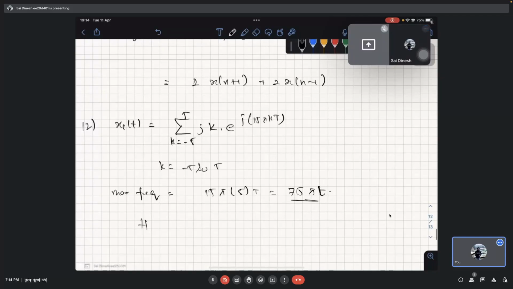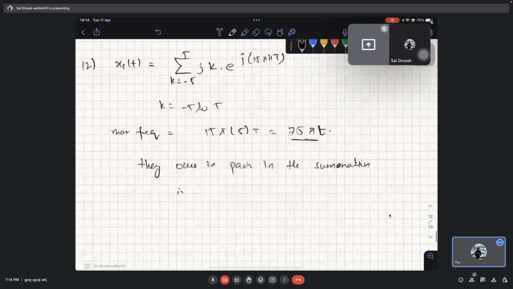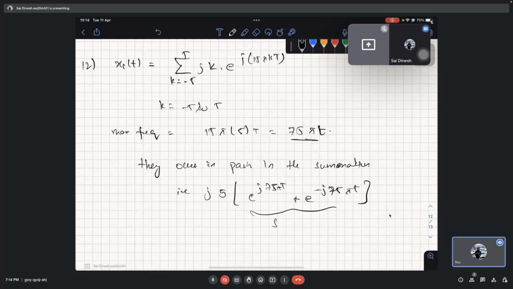And then they occur in pairs in the summation, i.e. j 5 into e power j 75 pi t plus e power minus j 75 pi t, which is actually sine of 75 pi t.